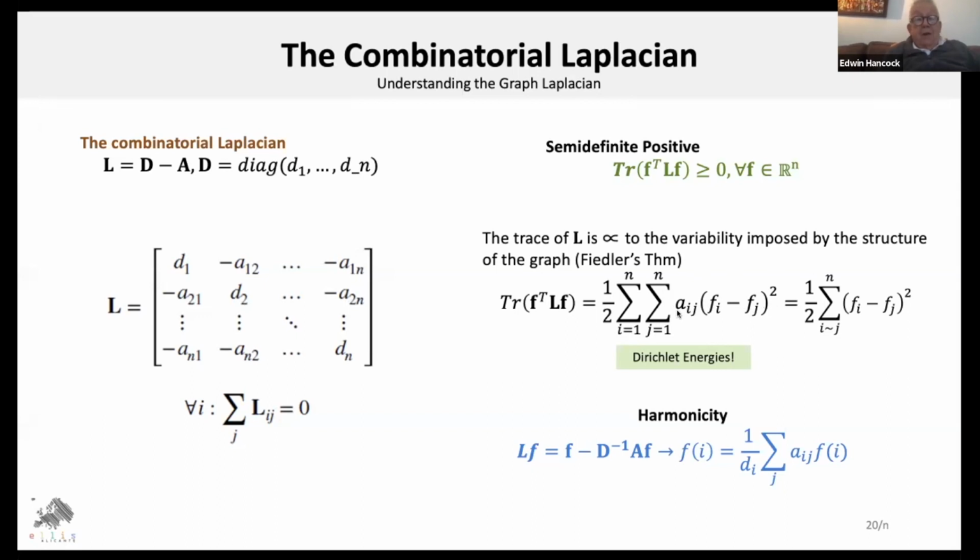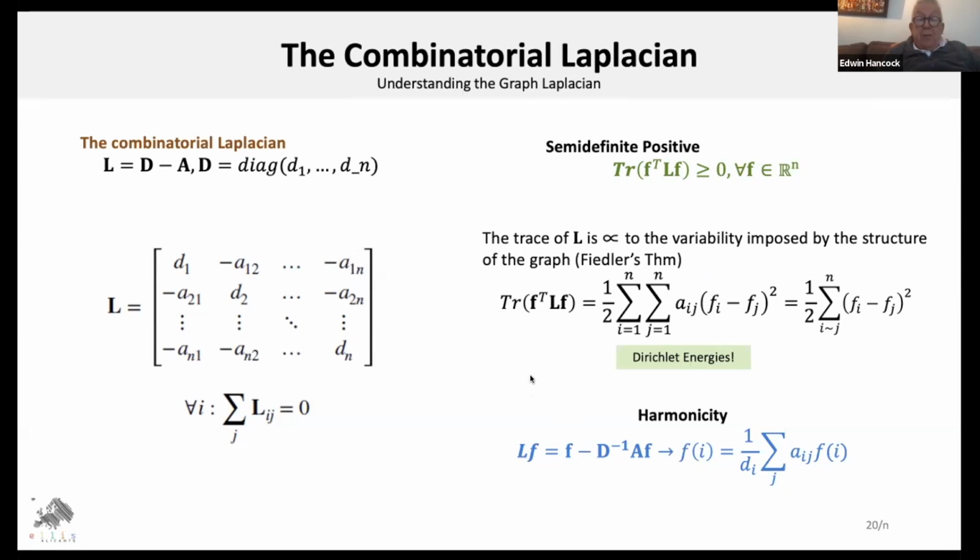And so the trace of this quantity simply computes the variability of the values of the function over the pairs of nodes connected by edges in the graph, and we refer to this quantity as Dirichlet energy.